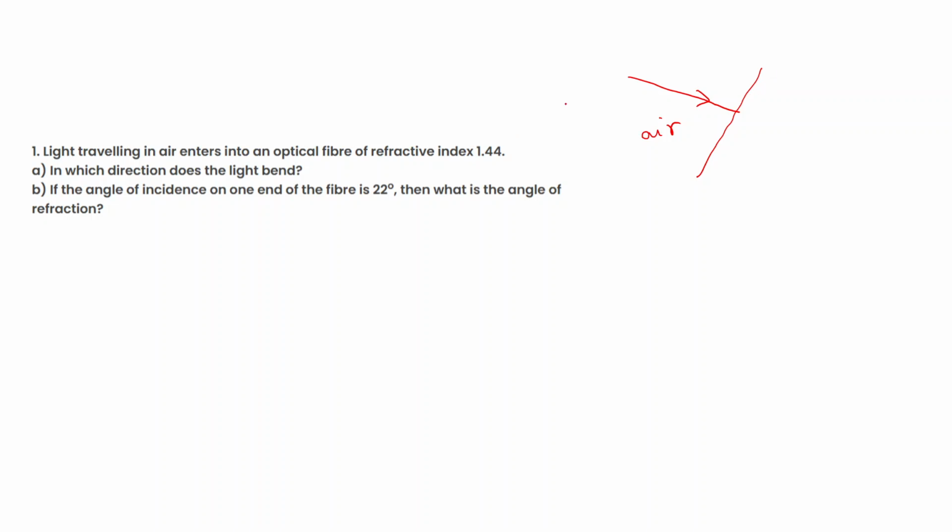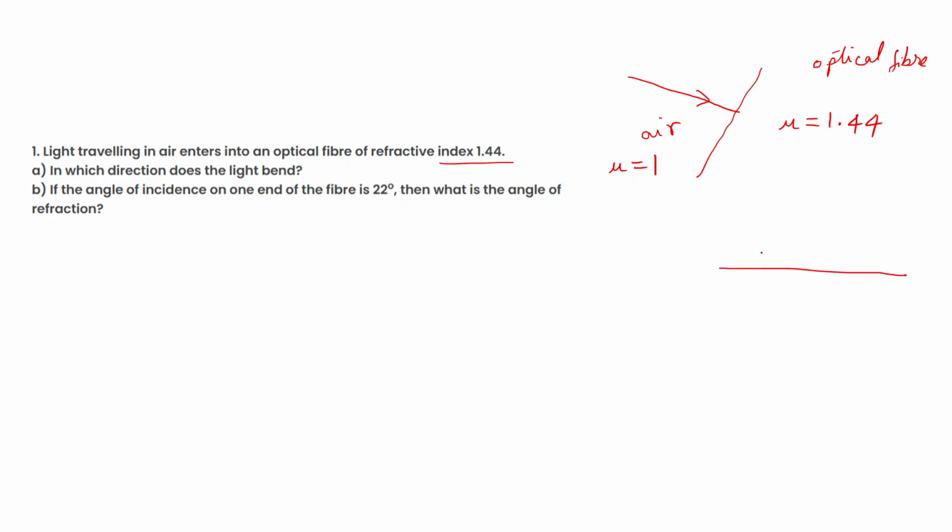Its refractive index is 1.44, and we know for air the refractive index is 1. That means this material of optical fiber is optically denser than air. Okay. So the question is, in which direction does the light bend?